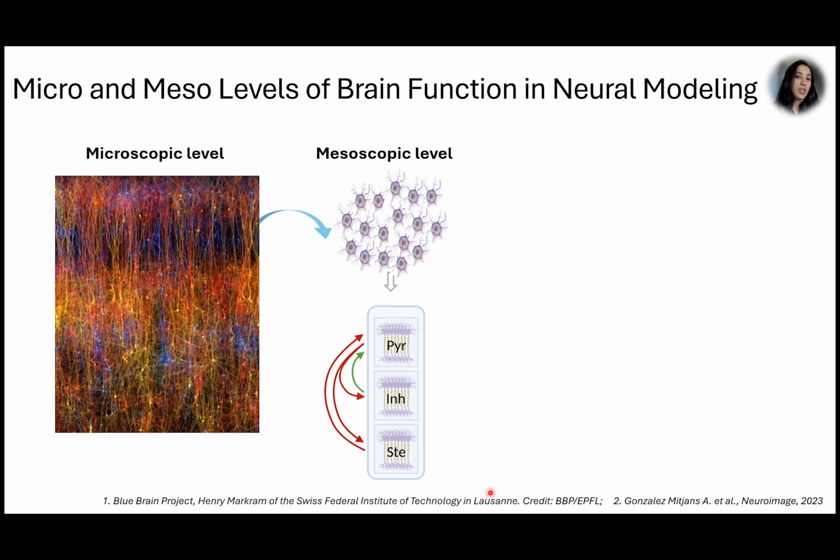On the other hand, at the mesoscopic level, neural models take a more macroscopic approach by considering populations and the collective behavior of neurons. At the mesoscopic level, a more manageable number of equations are defined, and a mean field approximation is an example of that. And we have, for example, the DCM, the Brain Dynamic Toolbox, and The Virtual Brain.